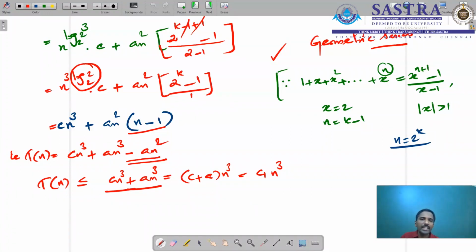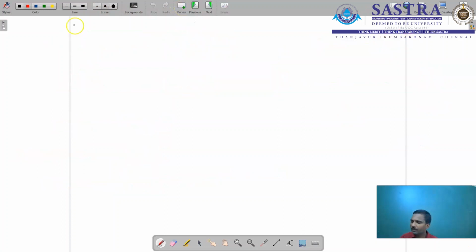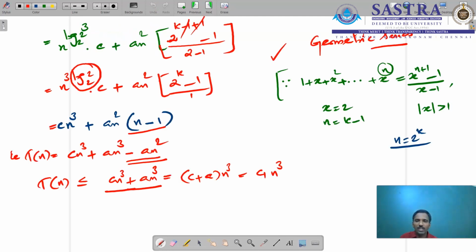If we ignore the negative term, ultimately the left hand side becomes less than or equal to relationship. Now clearly T of n is less than or equal to some constant into n power 3.